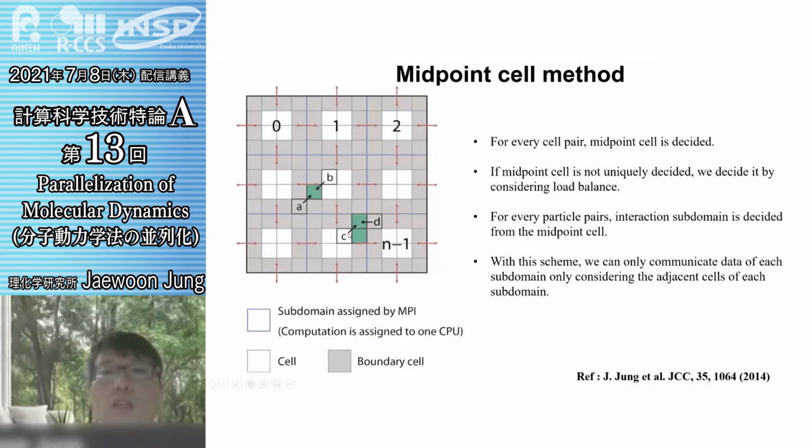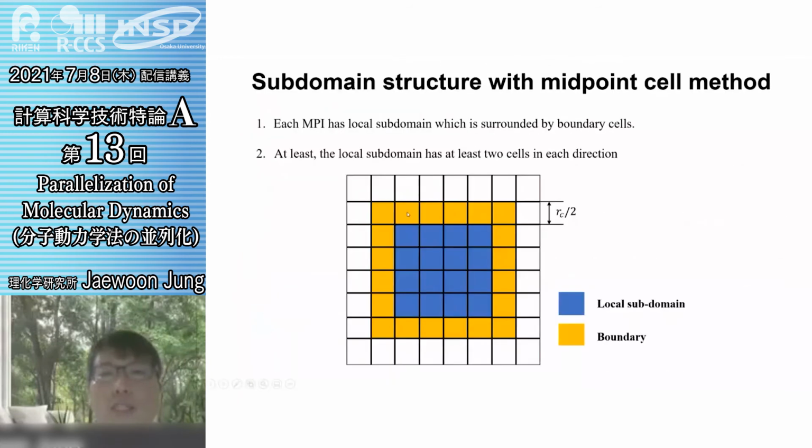And we assign the interaction to improve the load balance as much as possible. So in this case, each MPI process has the data of its subdomain and also additional boundary data in this way.